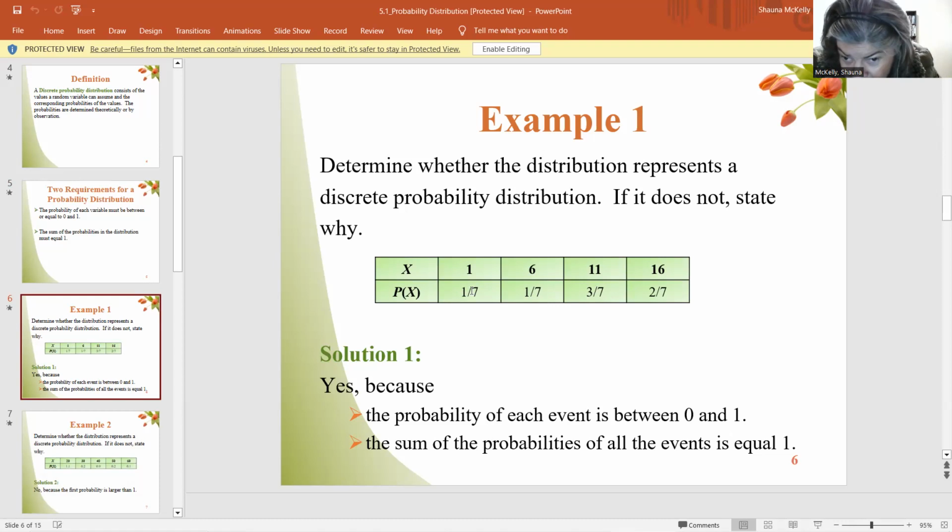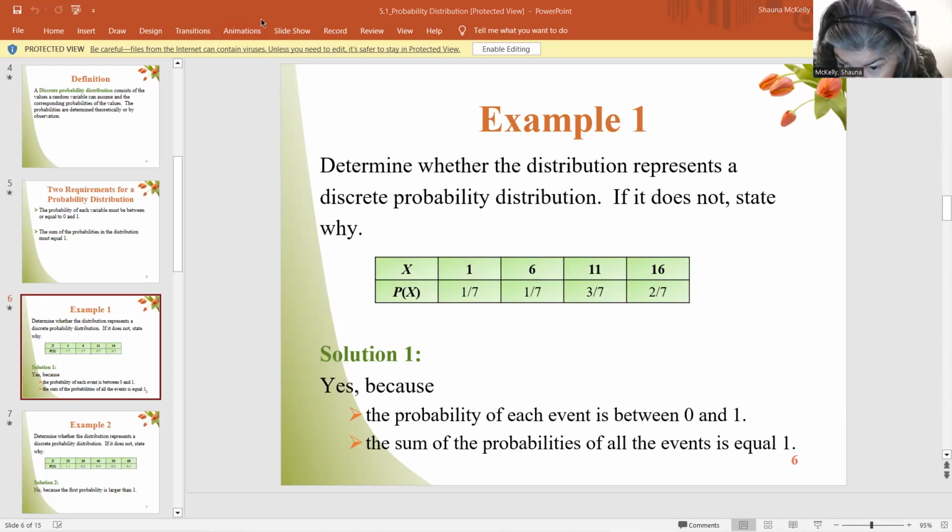And if you add all of the probabilities up in the chart, 1/7 plus 1/7 is 2/7, 2/7 plus 3/7 is 5/7, and 5/7 plus 2/7 is 7/7. So this does satisfy the requirements for a discrete probability distribution.